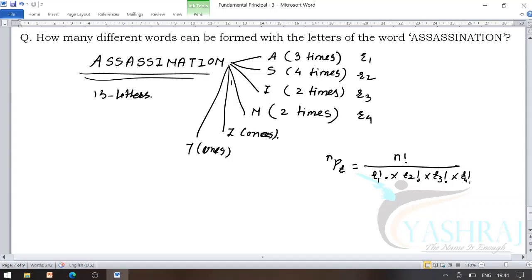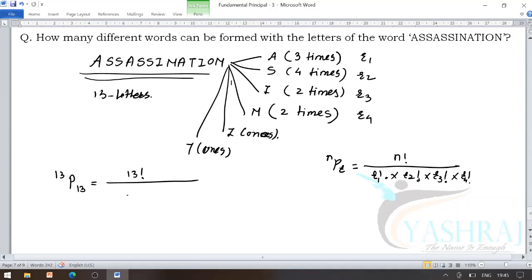So same thing here we have to do. Total 13 letters we have. We have to fill up the 13 different boxes. So we will get 13 factorial divided by r1 factorial.